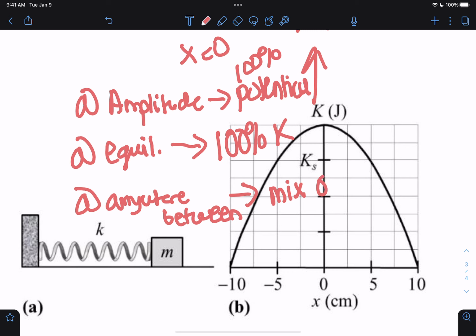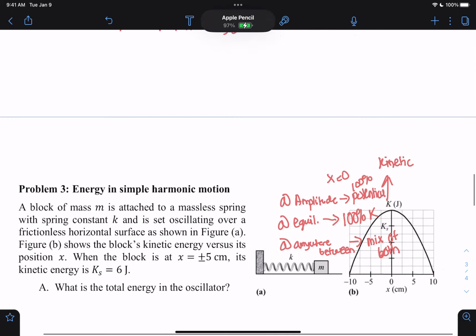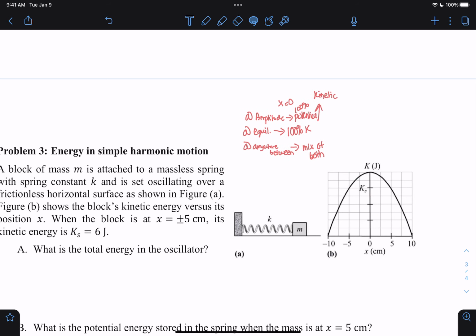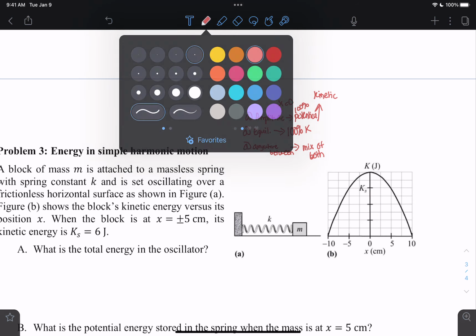A mix of kinetic and potential, anywhere in between. Right? So that's just the concept there, the idea there for the energy.